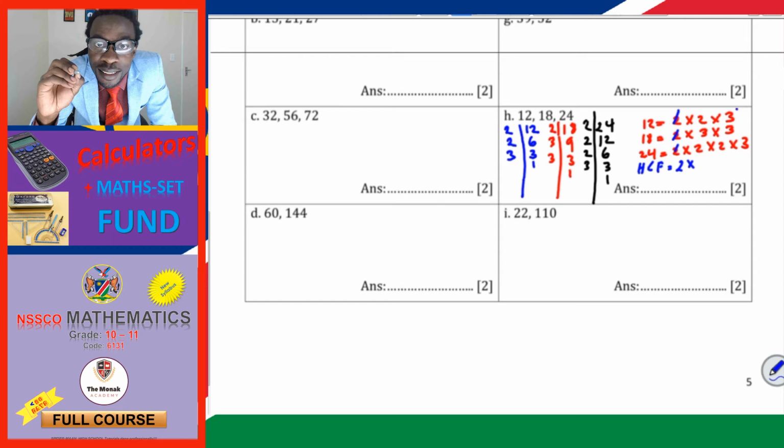We go to 3. We have a 3 here, here, and here. Do we still have a 3 in 12? No. We have a 3 again in 18, but we still don't have a 3 in 24. So these are the only numbers that are common. A 2 is common and a 3 is common. So 2 times 3 gives you your highest common factor of 6.